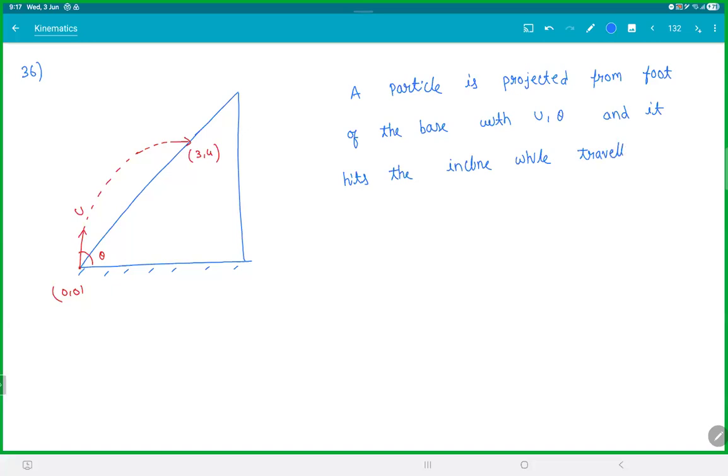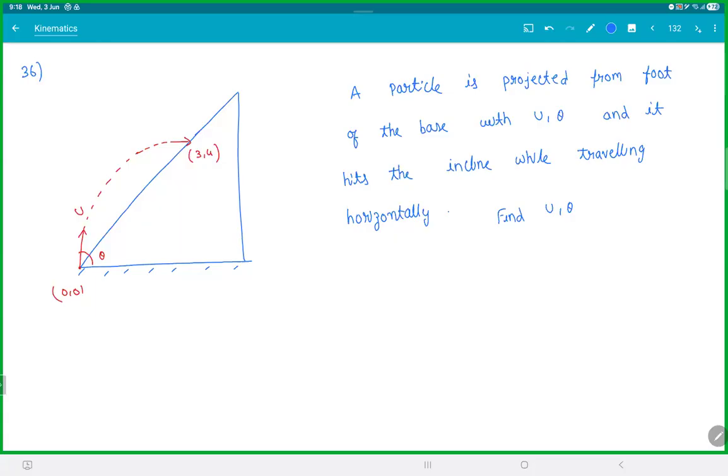This particle goes there and hits the incline at 3, 4. Find u and theta. So that bottom is the origin. You're hitting the incline at 3 comma 4. Find u and theta.